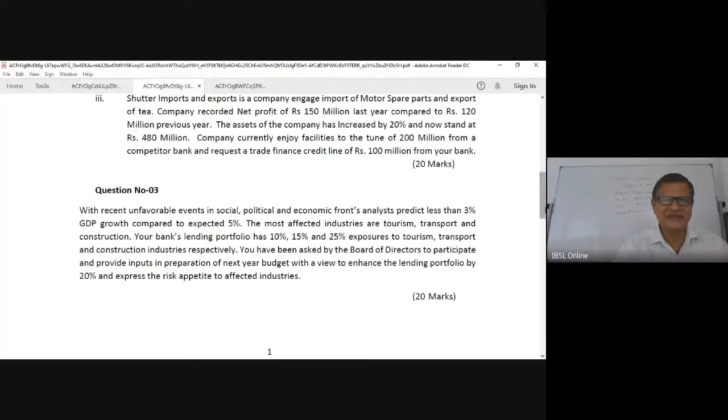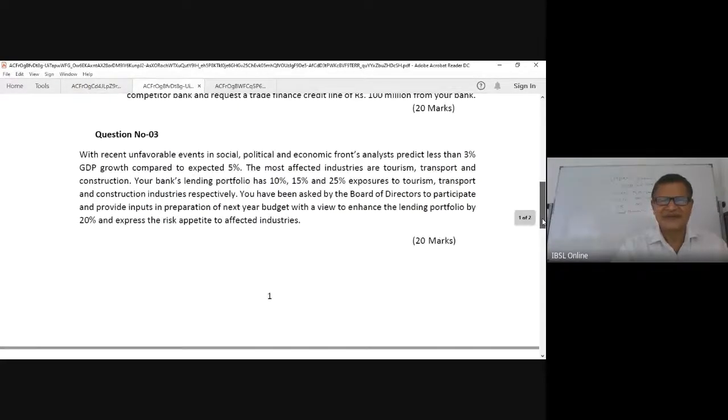The third one is again a scenario based on the economic and political front. Its exposure to tourism will be discussed. This time I definitely may have to touch on the COVID-19 epidemic, a similar situation, and what will happen.